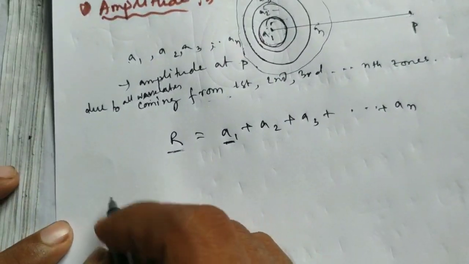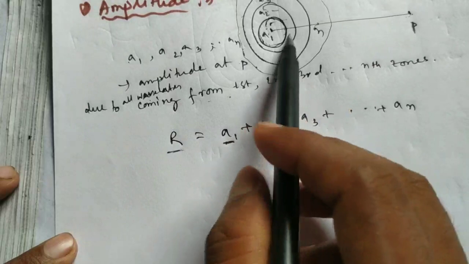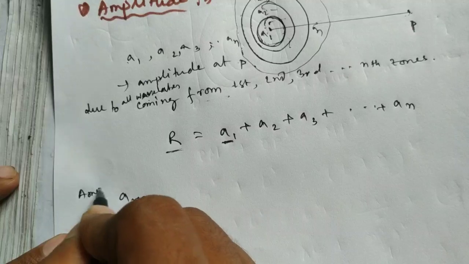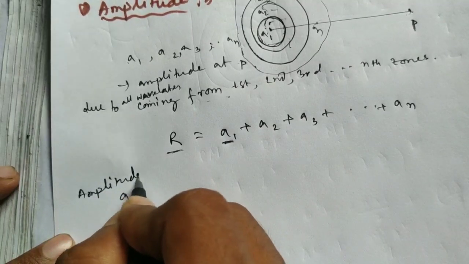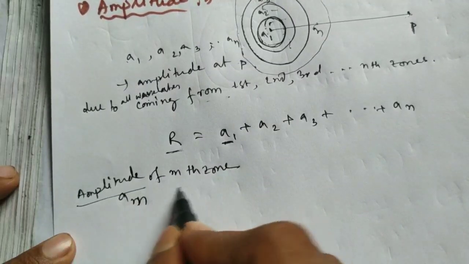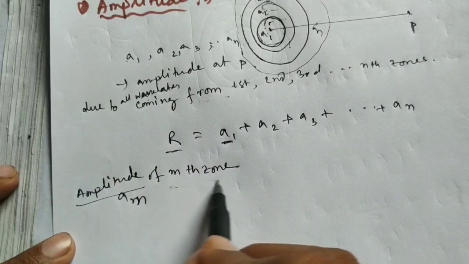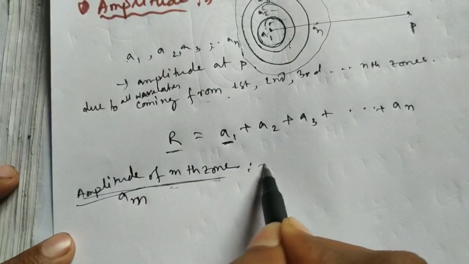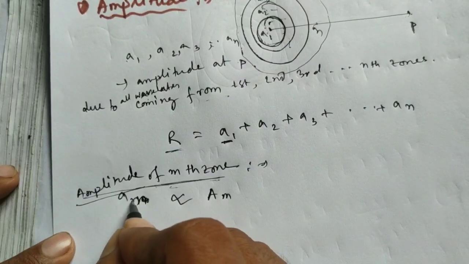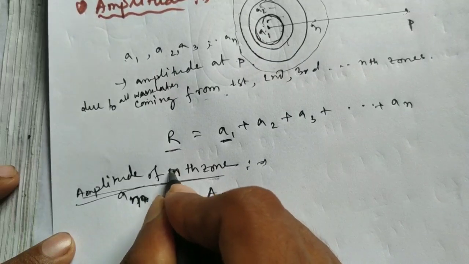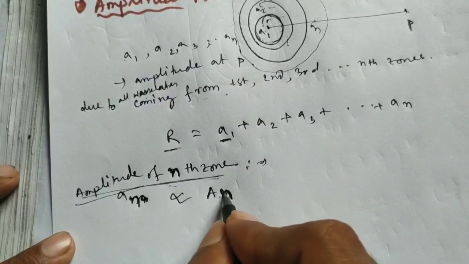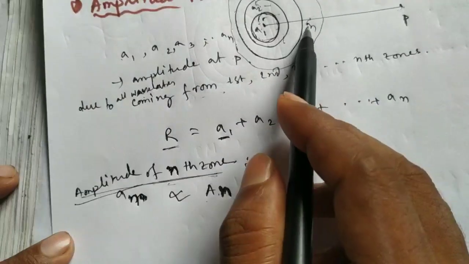Now the amplitude An of the nth zone varies as the area of the nth zone.